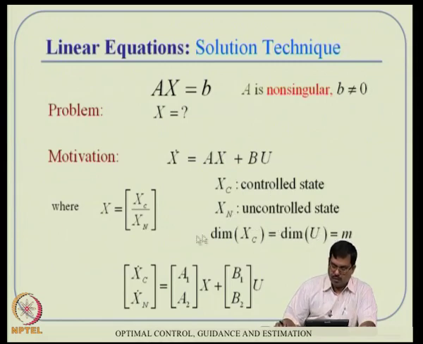So, if I just consider the upper portion of the equation, that means x c dot is equal to A1 x plus B1 u. Remember the dimension of x c is equal to the dimension of u, that means B1 is a square matrix now.